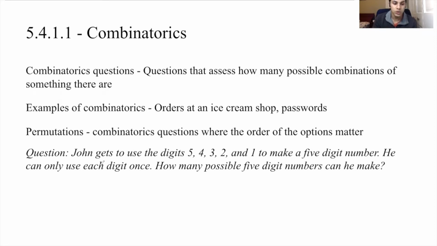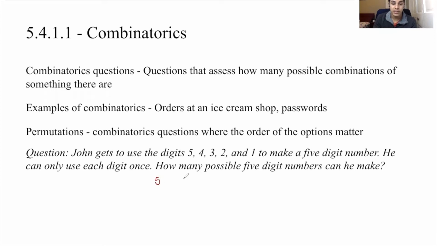So let's look at the choices John can make. If he has the digits 5, 4, 3, 2, and 1, and he needs to make a 5-digit number, he has 5 digits that he can use for the first digit of this number. So for the first digit, he can make 5 different choices.